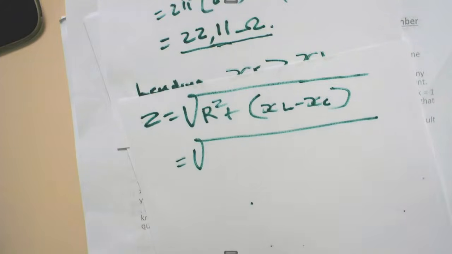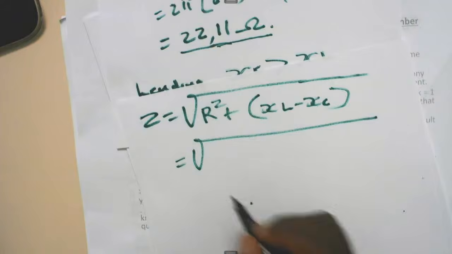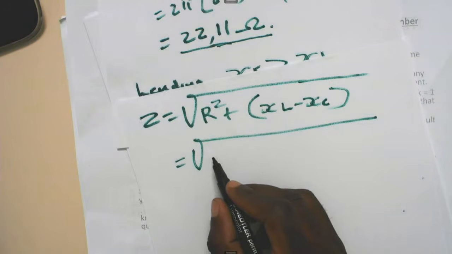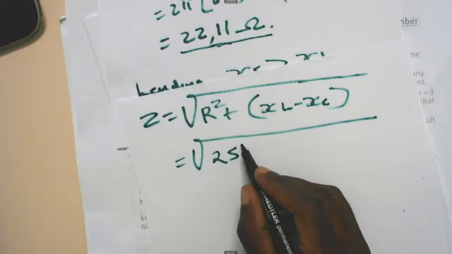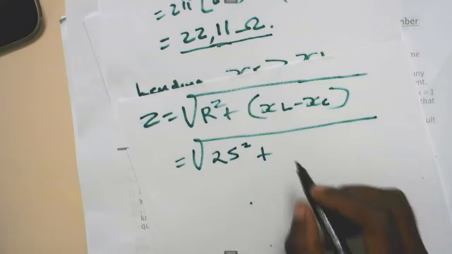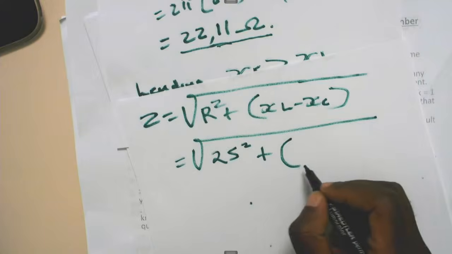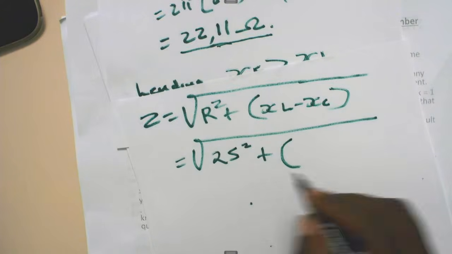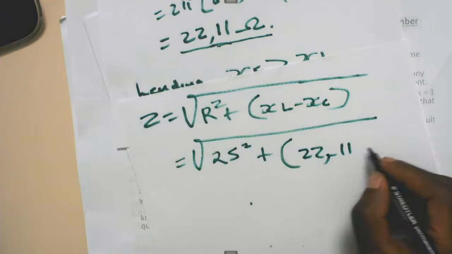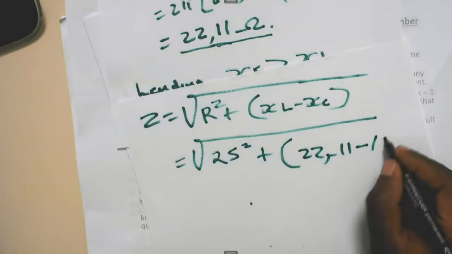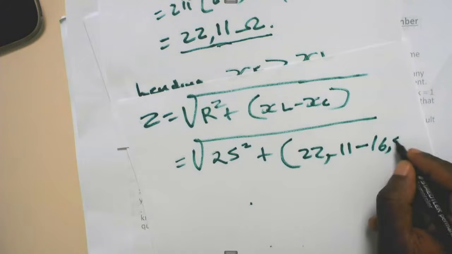a negative number. So in this case, from our original circuit, our R is 25 squared plus bracket our XC in this case is 22,11 minus 16,59.